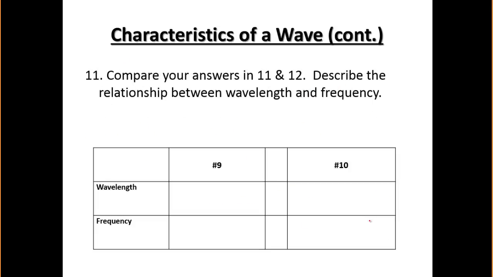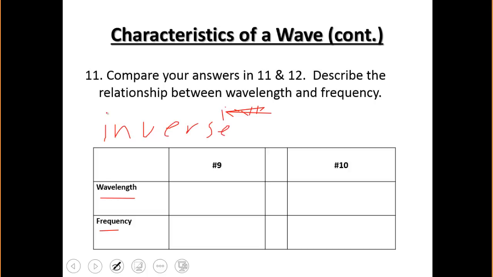Now when we compare these two relationships between frequency and wavelength, as we look at those two problems, remember that they are inverse. If we look at those numbers, in the first one the wavelength was a little bit larger and our frequency was a little bit smaller.